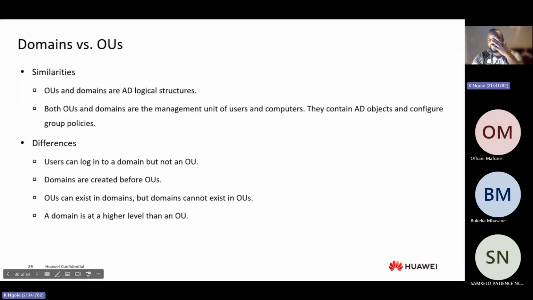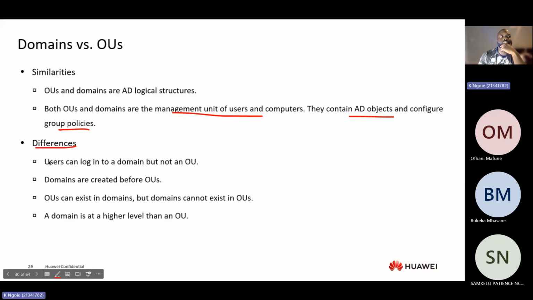Okay, now the similarities between a domain and OUs. OUs and domains are AD logical structures, and both are management units of users and computers, and they contain AD objects and configure group policies.